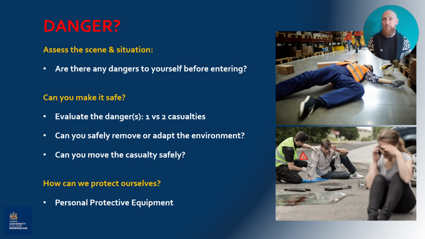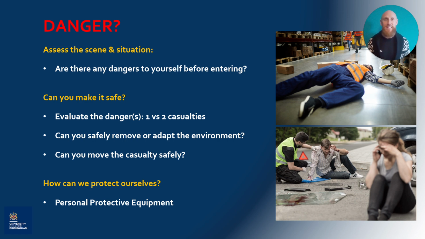You might come across a casualty in different situations, ranging from a sporting environment to a warehouse, to a car, a traffic accident, whatever it may look like. So they're all different situations, and what you need to do as an individual, if you're the person approaching it, is work out, is it safe to approach?